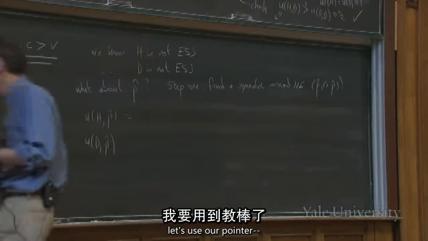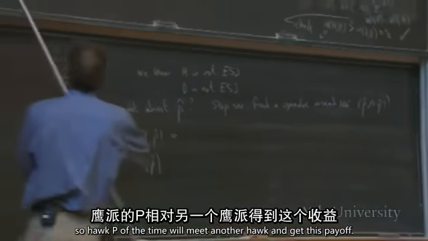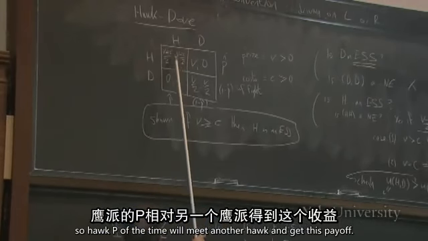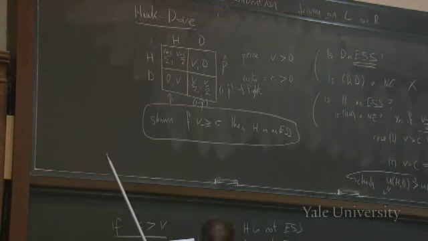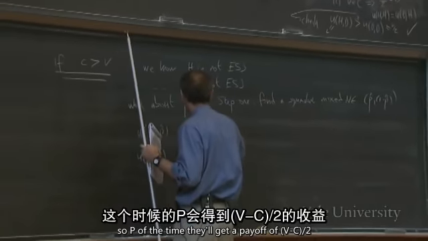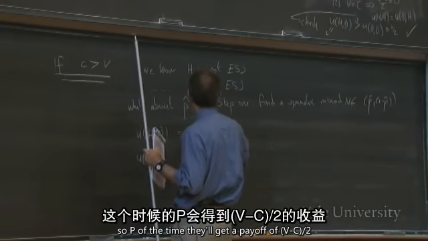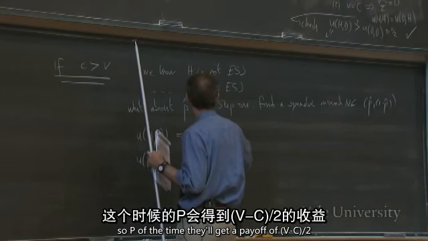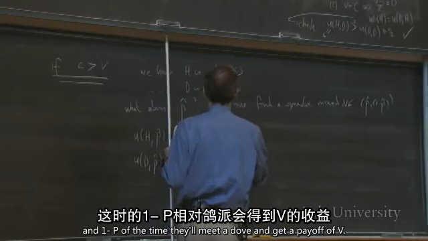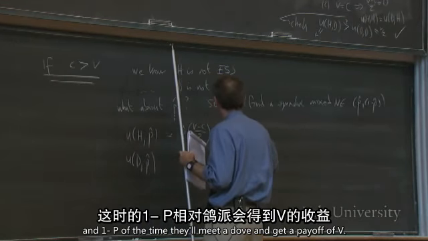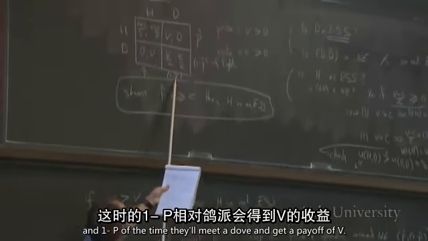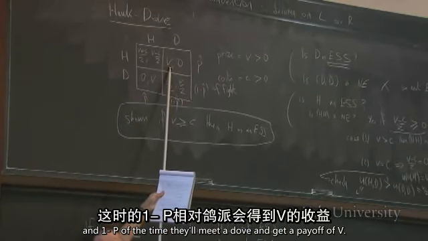Let's use our pointer. So hawk, p hat of the time, will meet another hawk and get this payoff. So p hat of the time, they'll get a payoff of v minus c over 2. And 1 minus p hat of the time, they'll meet a dove and get a payoff of v.